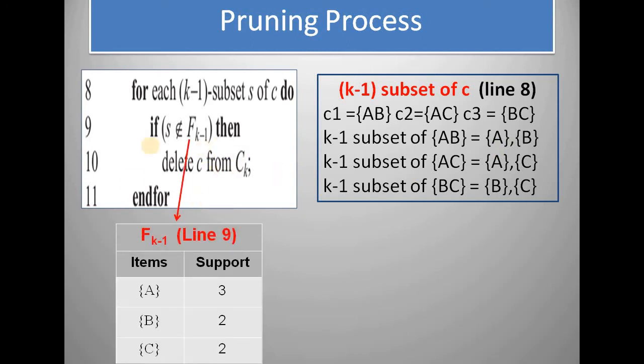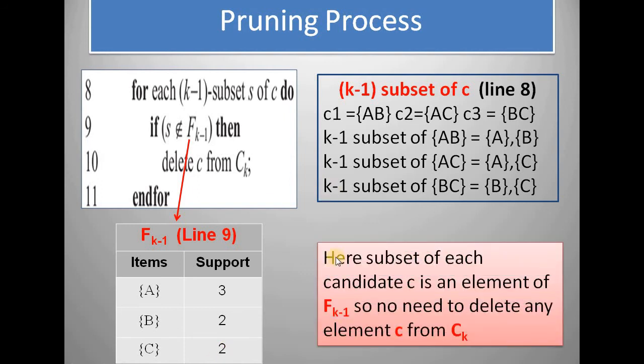Now what is the next step? Which is Fk minus 1? My Fk minus 1 is this one, A, B, C with supports 3, 2, 2. This is my Fk minus 1, which I have passed. Now the next step: the subsets of each candidate AB, AC, BC, that is A, B, A, C, B, C, should be frequent items in Fk minus 1.